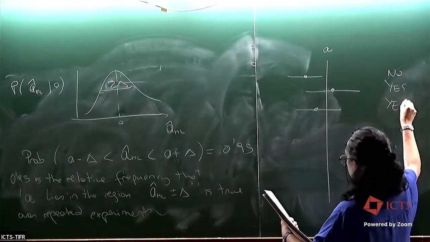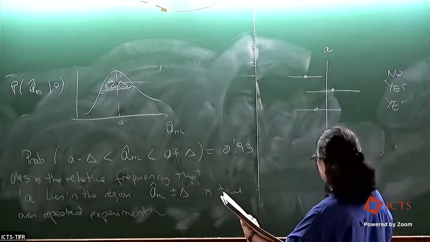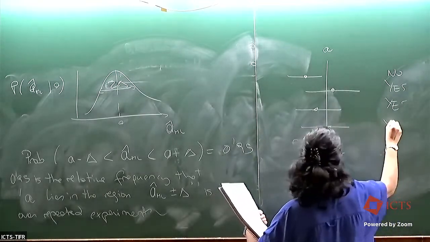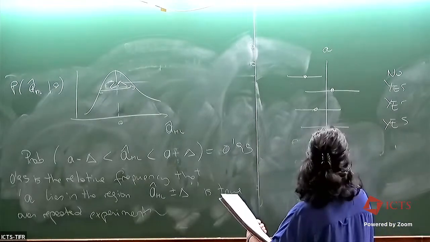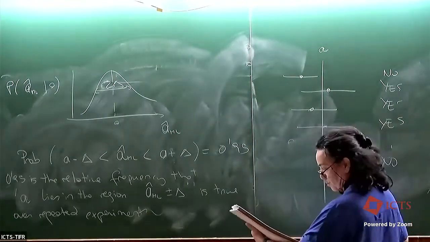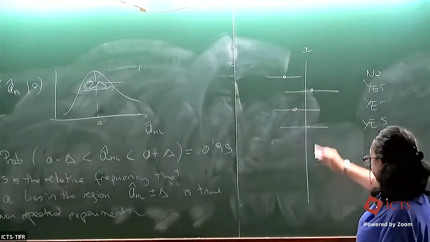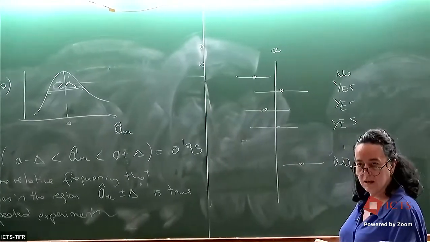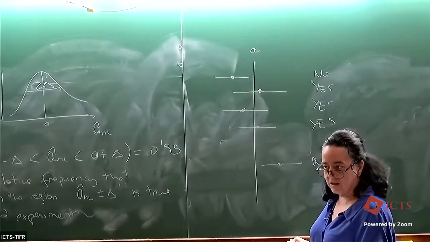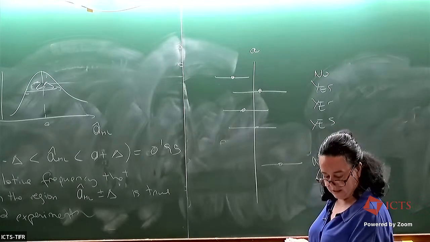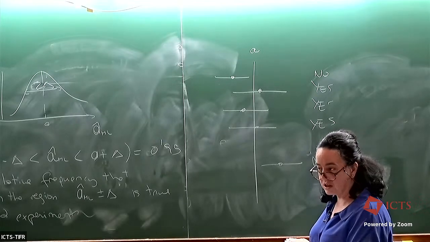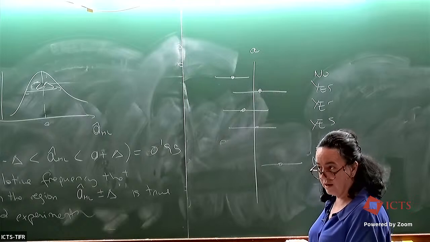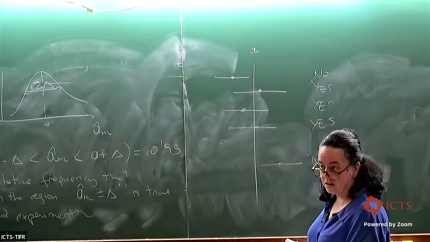Yes, it's inside this interval. Yes, no. So if I do different experiments, this interval basically tells me the relative frequency that the real value has ended up being in this interval.